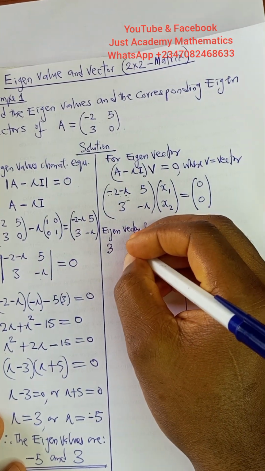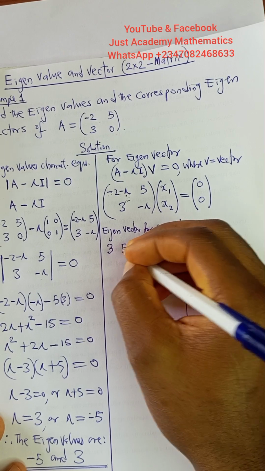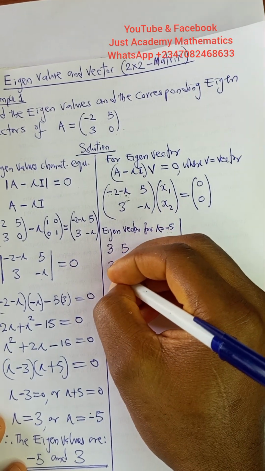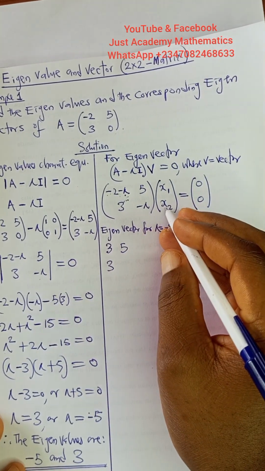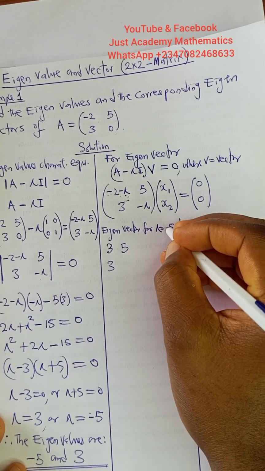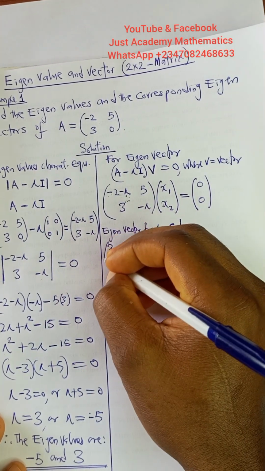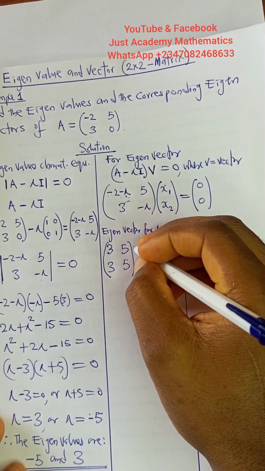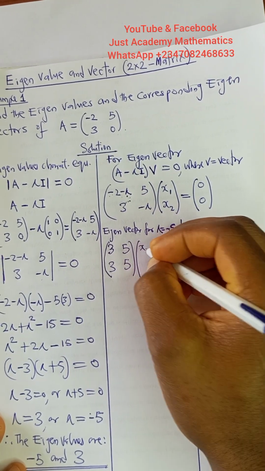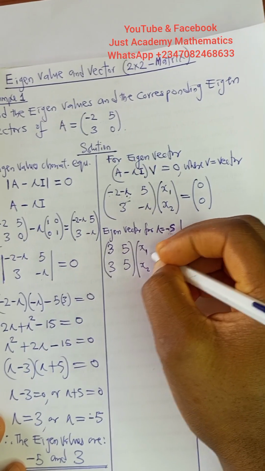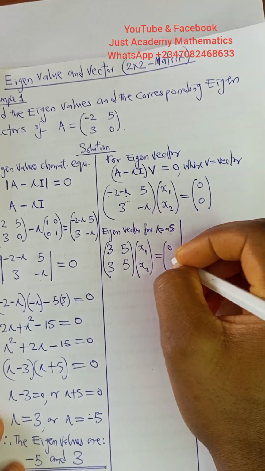Then remember, here is still 5. Then here is 3, then minus lambda, minus -5 will give you +5. So the vector representative x1, x2 is equal to what? 0, 0.